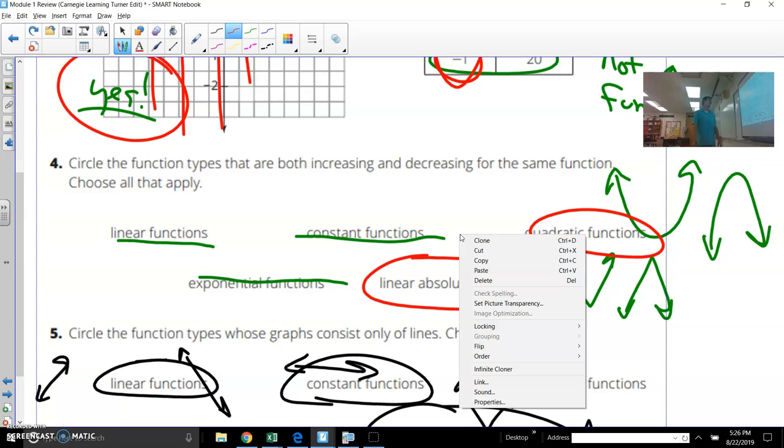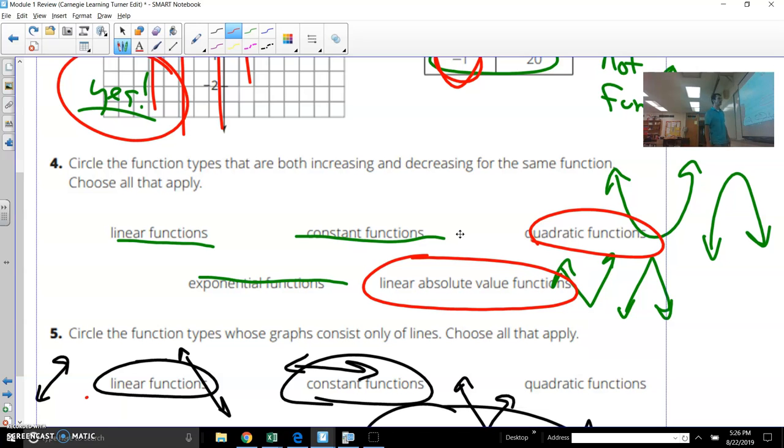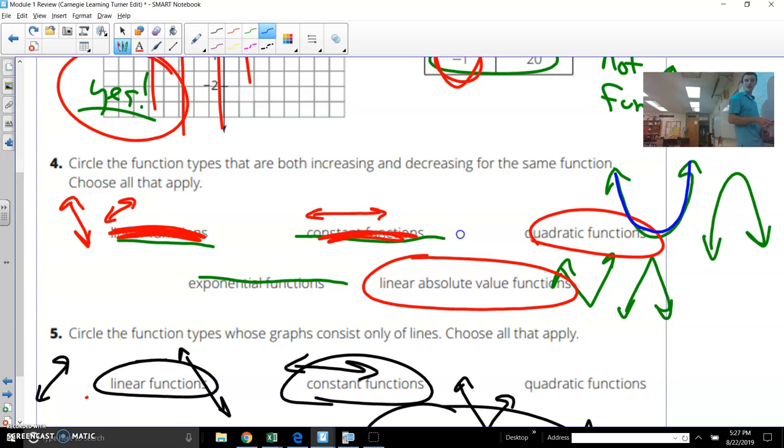Circle the function types that are both increasing and decreasing for the same function. So linear I marked through because it's either going only down or it's only going up. It's not both. Constant is a horizontal line. It's not increasing or decreasing. It's got a slope of 0, so that's not right. Quadratic is a good answer because it could decrease then increase for that U-shaped graph, or maybe it's going up and then back down.